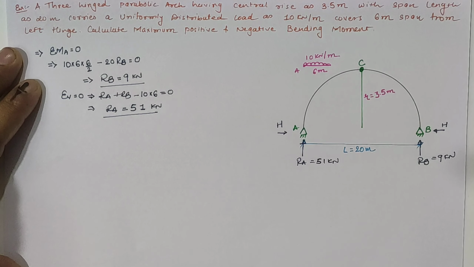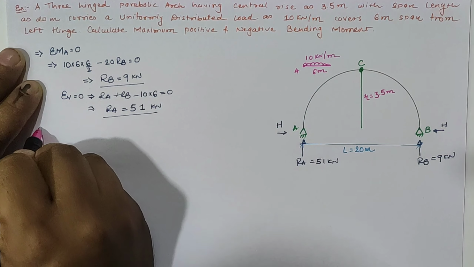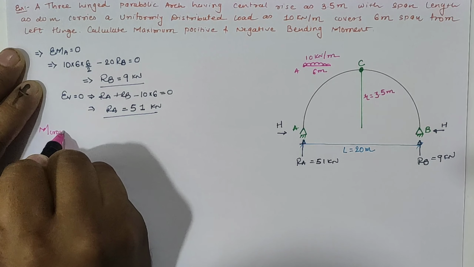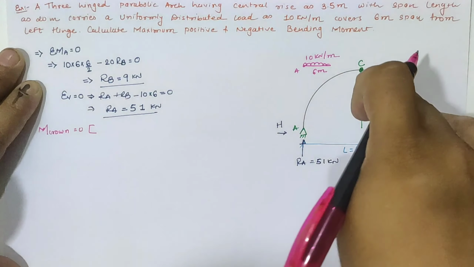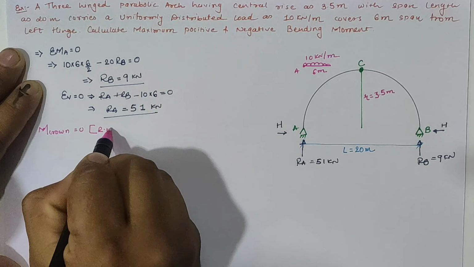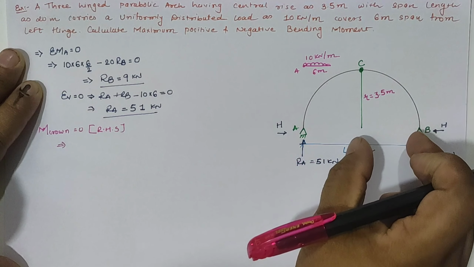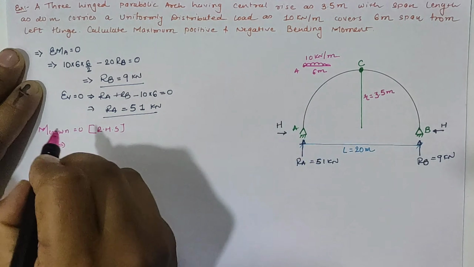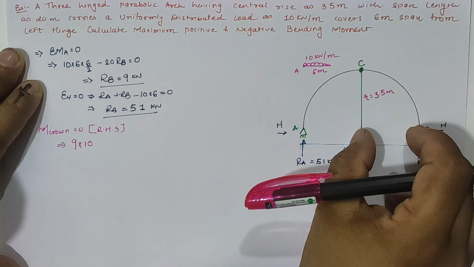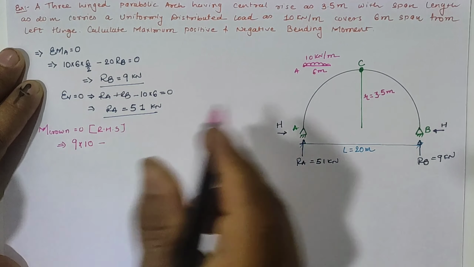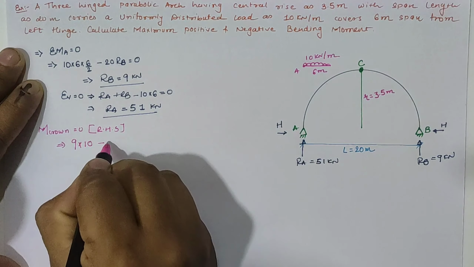Now for the horizontal thrust, we are going to take moment at the crown as 0, and if we take the right hand side of the section, then RB into the distance, which is 10 meter. So RB value is 9 into 10 meter from the crown minus horizontal thrust into height of 3.5.